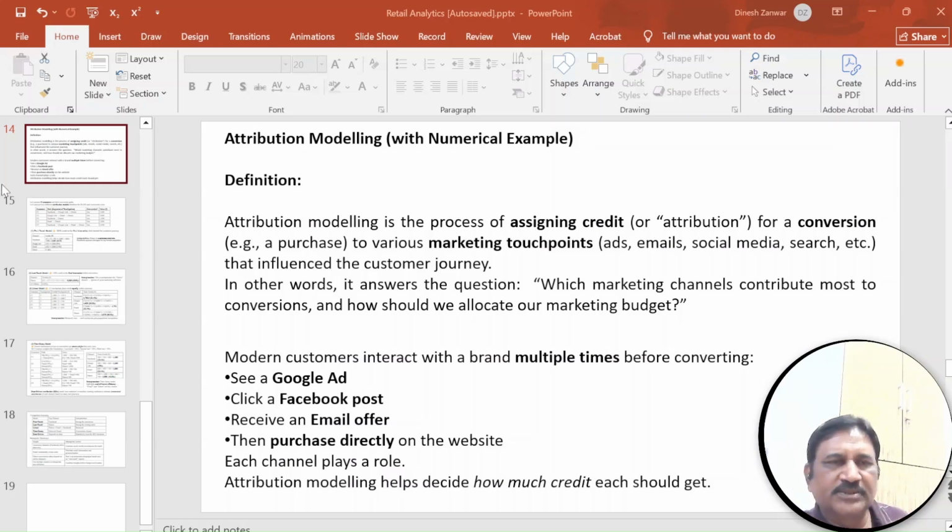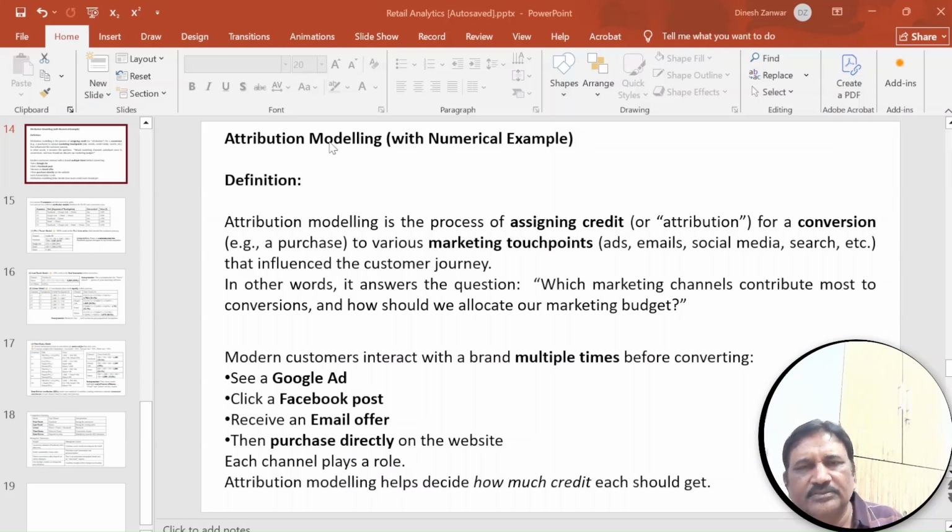So customer C1 will be giving a weight of 20% to Facebook, Google Ads 30%, and direct, because it is the last interaction, 50%. The total value for this customer is 1000. So 20% of 1000 is 200, Google Ads at 30% of 1000 is 300, and 50% of 1000 is 500.